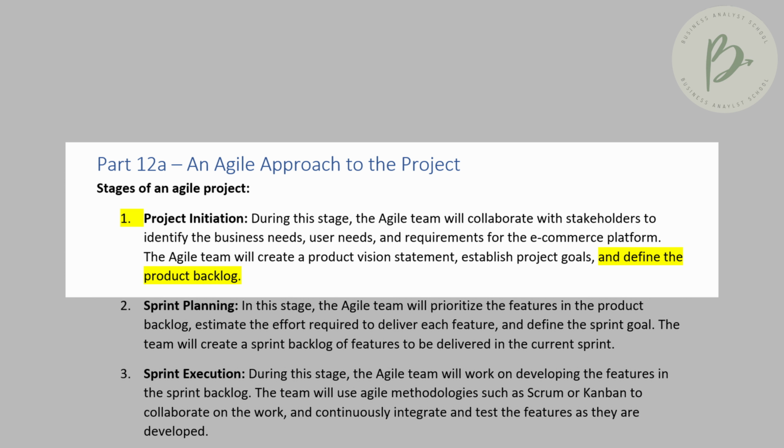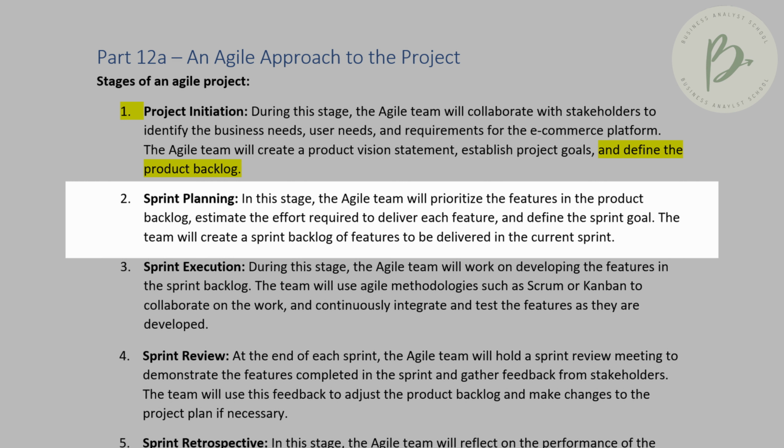The user needs as well as the requirements, in the case of ours, for our on-cloud CRM system. So the Agile team will create a product vision statement. They will also establish the project goals as well as define the product backlog. And then once we've looked at this project initiation stage, which encompasses a lot of tasks and activities, we will then start to plan our sprints.